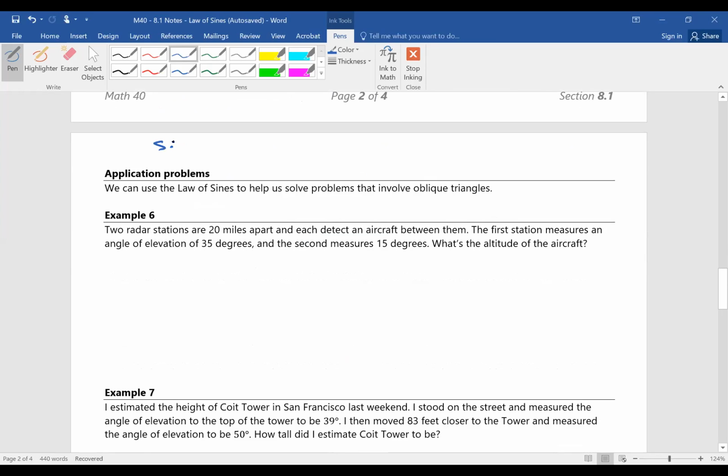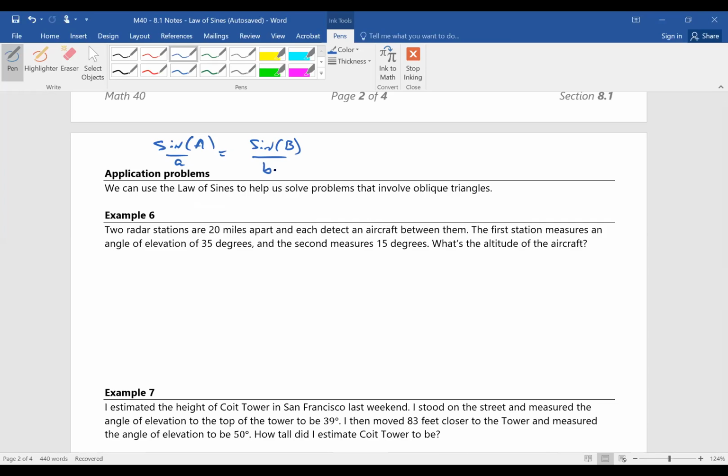In other words, you can have the sine of any angle, and let me put a big A in here to represent an angle, over side A equals the sine of angle B over side B. And the requirement for using the law of sines is that you use the angle that's opposite the side you're talking about, that you either have or you're trying to solve for. And the other suggestion I'd make is to always draw a picture.